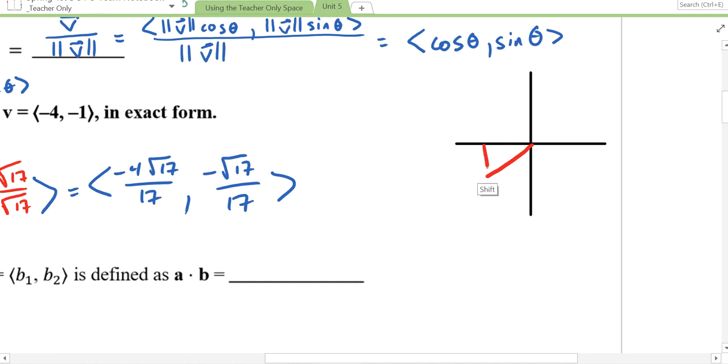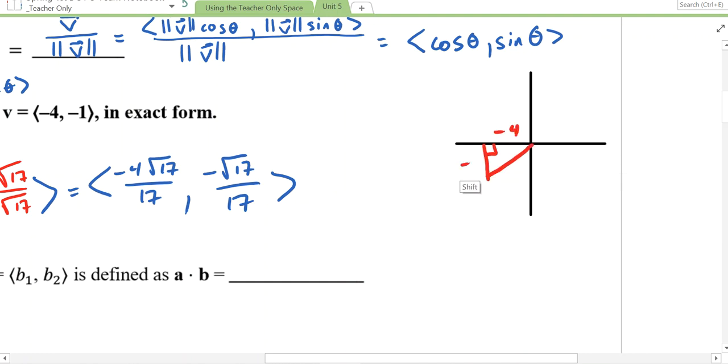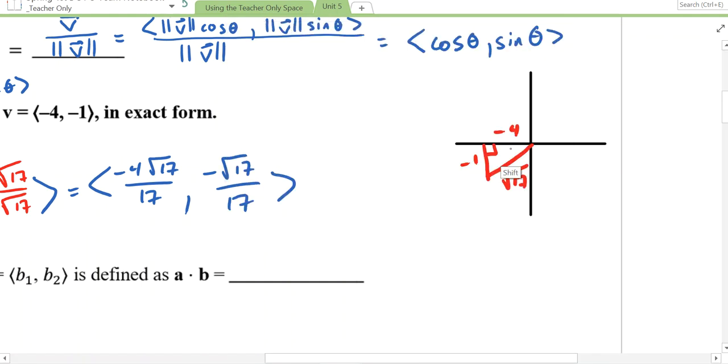Negative 4, negative 1. It's a right triangle. This is negative 4. This is negative 1. And we already know that this is square root of 17. Remember that? So we know that there is some angle in here, theta, right?